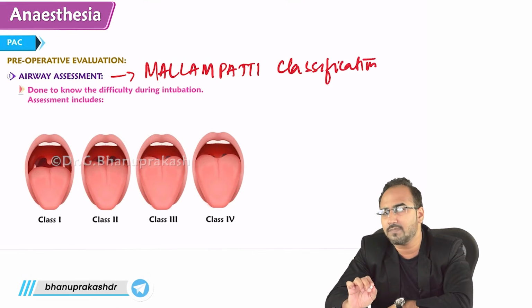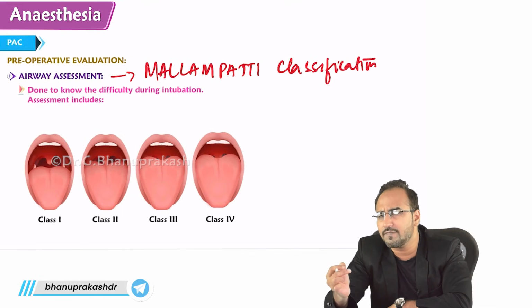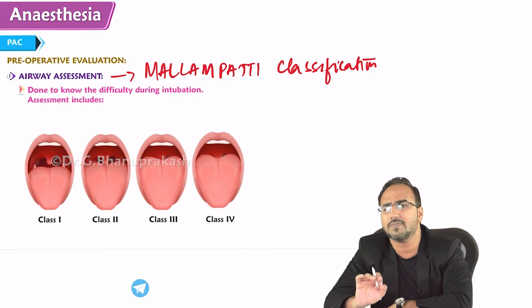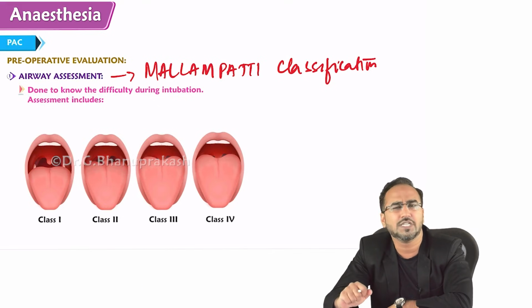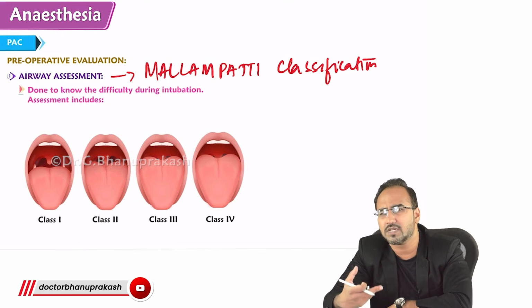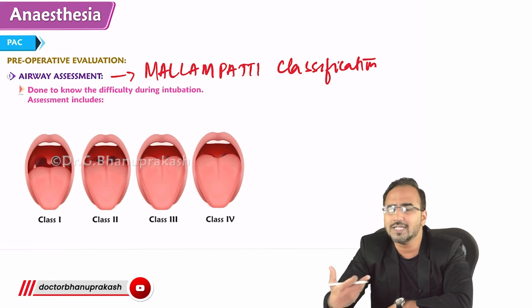It is a classification based on the structures which are easily visualized to you. It is the most simple topic in anesthesia where some MCQs are picked. Anyways, we are not talking in context of the MCQs. We are basically talking so that you get the concepts clear. What is this Mallampati? You tell the patient to open his mouth.